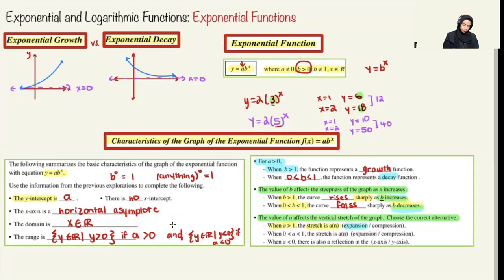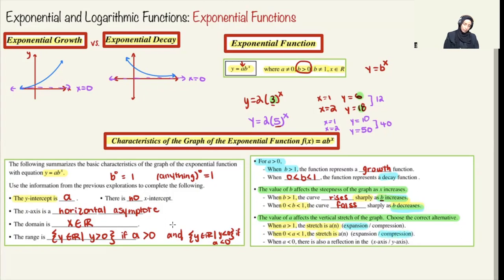And when a is in between 0 and 1, so think of it as multiplying by a fraction, like 0.001, then you're making the value of the function smaller. And so this stretch is going to be a compression.